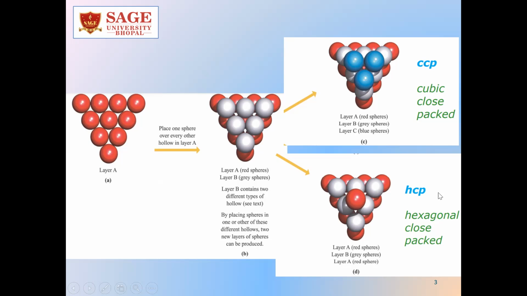This is HCP, that is hexagonal close packing. If these first two are repeating continuously, then we get HCP. If these three are repeating continuously, we get cubic close pack, that is CCP.